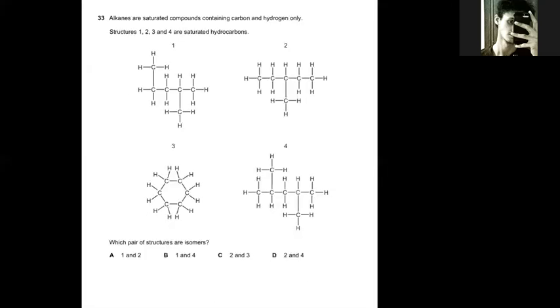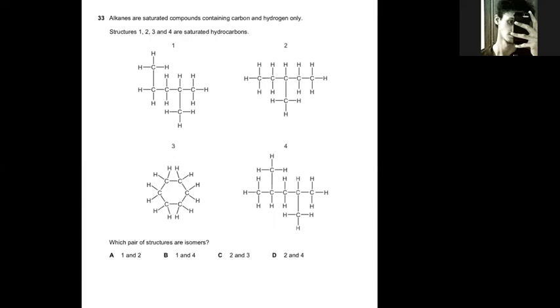Alkanes are saturated compounds containing carbon and hydrogen only. Structures 1, 2, 3, and 4 are saturated hydrocarbons. Which pair of structures are isomers? Isomers are molecules with the same molecular formula but different structural formula. So the carbon atoms in both isomers should be equal.